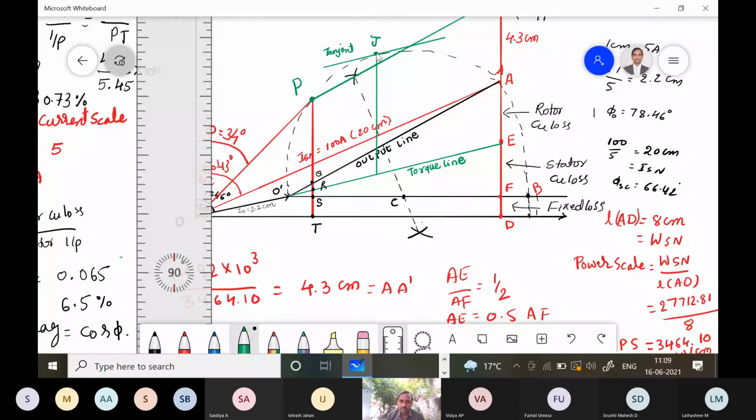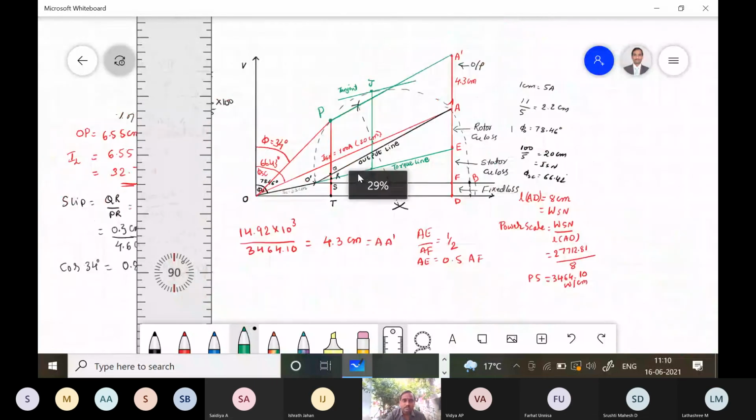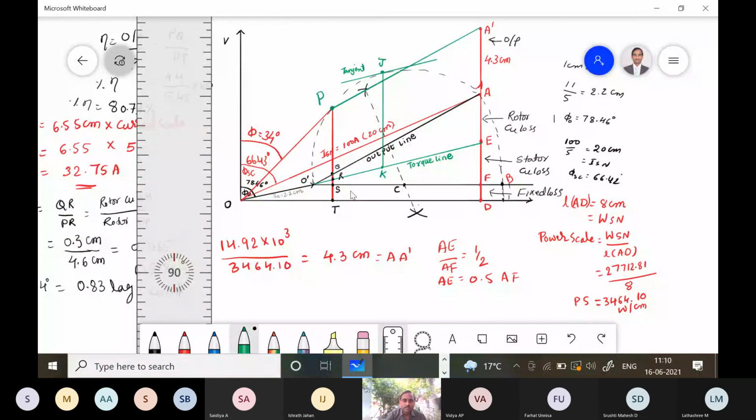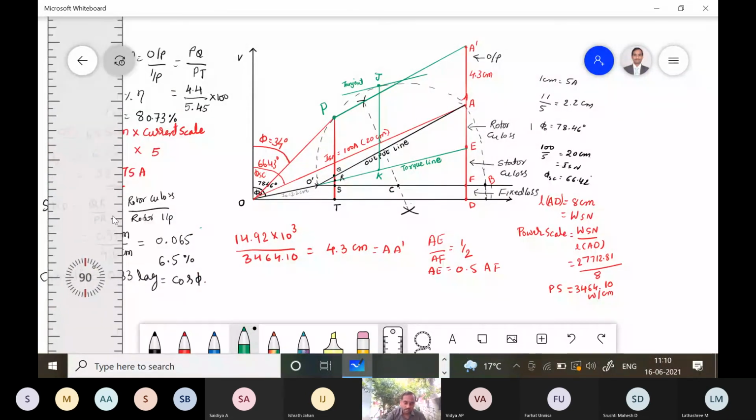That point where it meets is called the J point, and draw a perpendicular from J to meet the torque line. That is called the K point. So measure the distance of JK. That is your maximum torque.